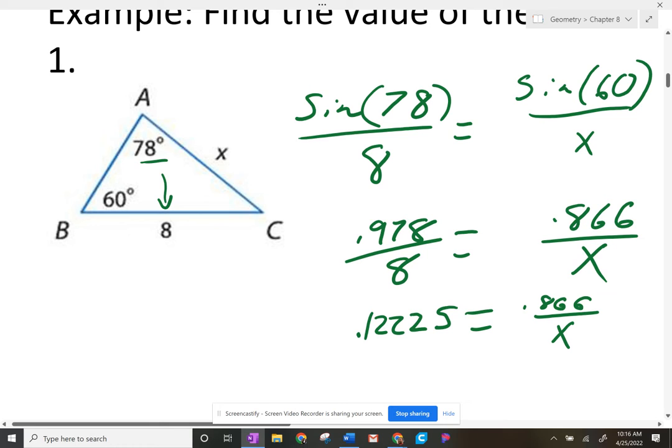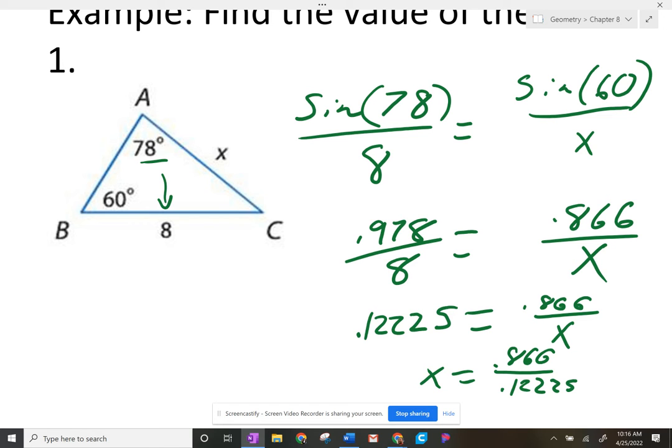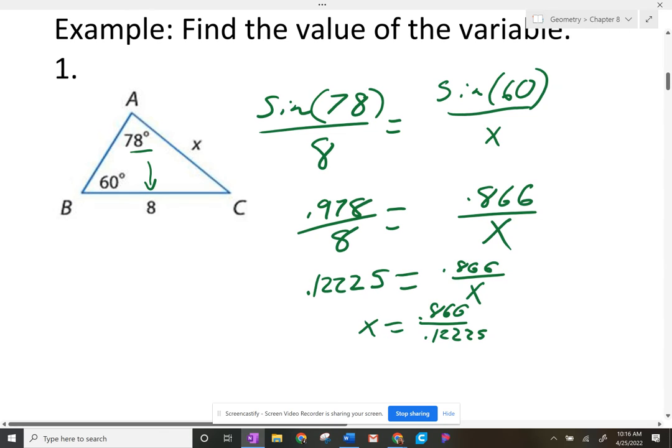Cross multiply, I'd be left with 0.866 divided by that 0.12225. So the length of that side, the x, when you got done doing that cross multiplication, should be left with 7.1.